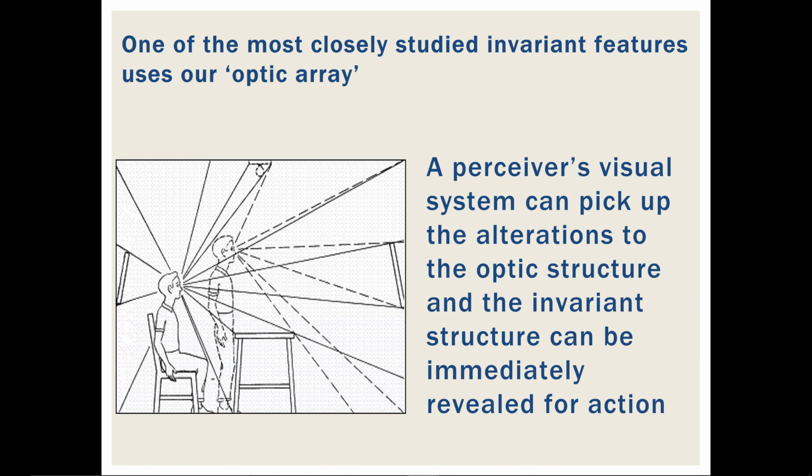So our visual system, our optical array, can pick up those invariants in the information, and when it picks up invariants in the environment, that gives us a better chance of executing a particular motor skill. Because straight away, the invariant structure that you need to execute that motor skill is revealed.